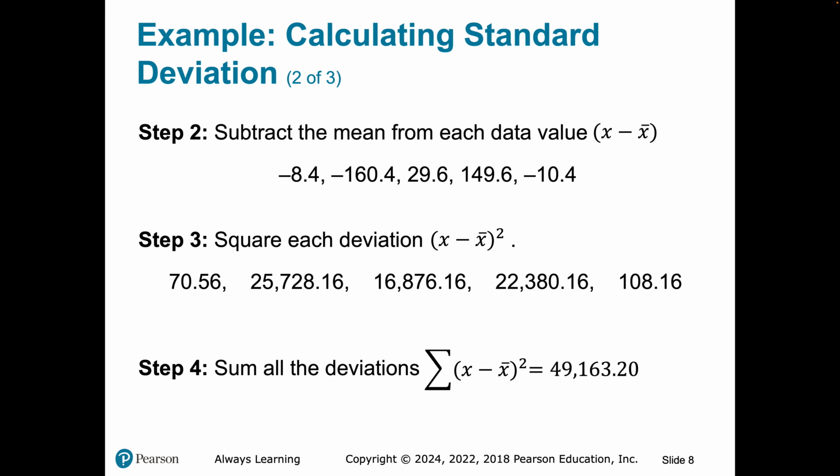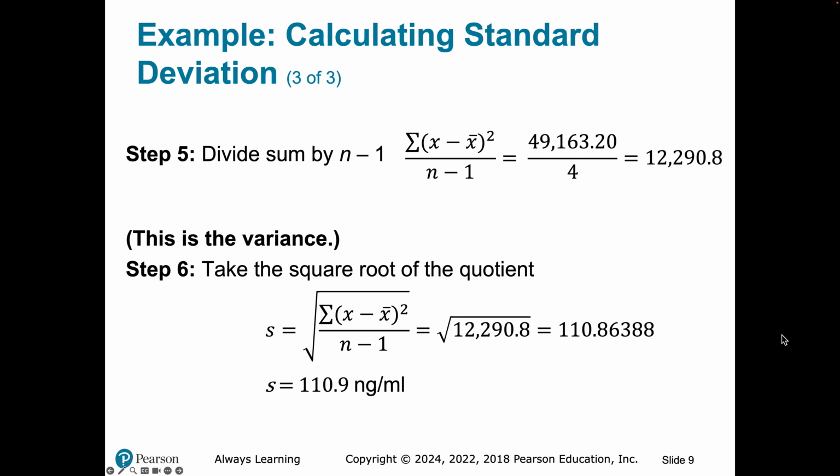Next we subtract from the mean, square all of this, and sum it up, and get 49,000, whatever. Don't worry about that. Next we divide by what's called the degrees of freedom. Forget I said that. We just divide and get 12,290.8. Then we take the square root, and we get, in this situation, that S, our standard deviation, is 110.9.